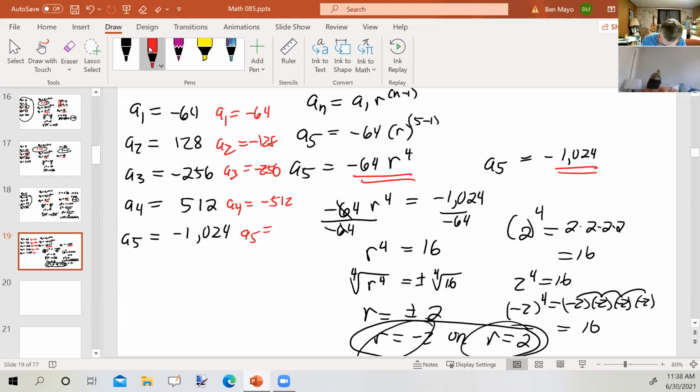And that would then be -1024. That doesn't give me 2 positive and 1 negative. It only gives me 3 negative geometric means, right? So that's how we can determine that r has to be negative in this scenario. All right.